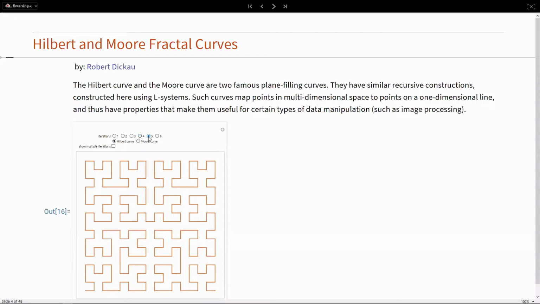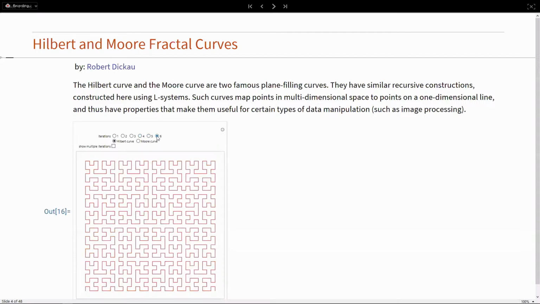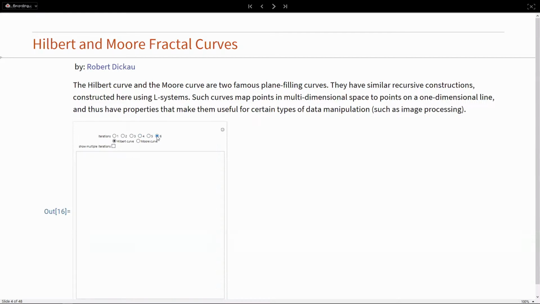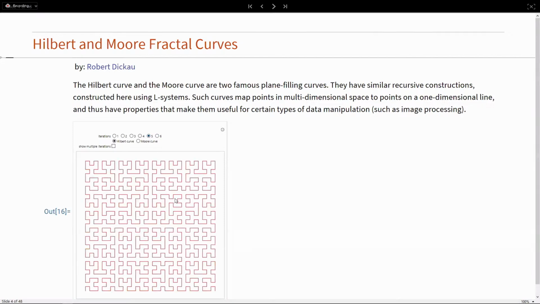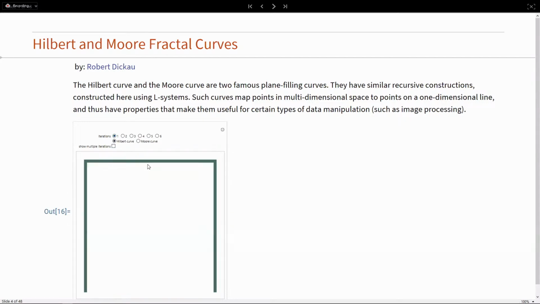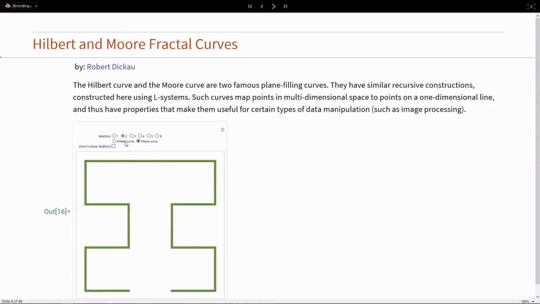And as we iterate that process over and over again, it fills more and more of the original square. So that is the Hilbert curve, and there's an actual mathematical function called Hilbert curve that you can look at. And the Moore curve is similar, but it has a different substitution.